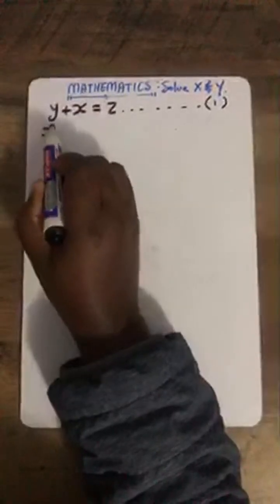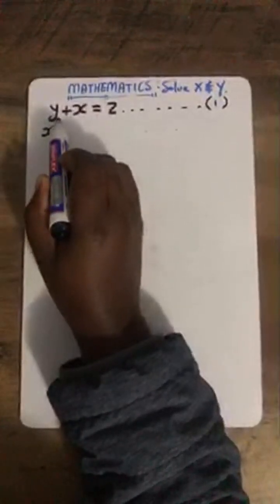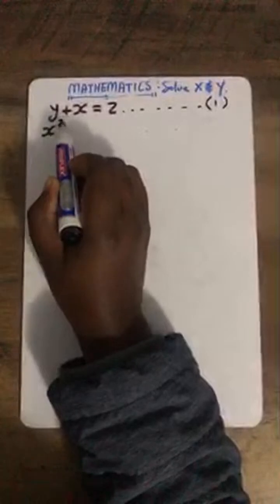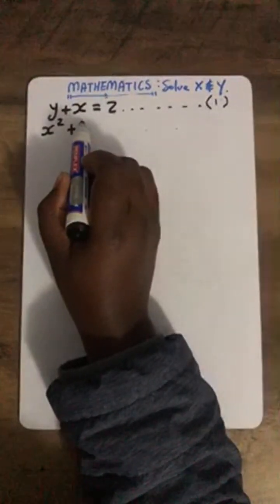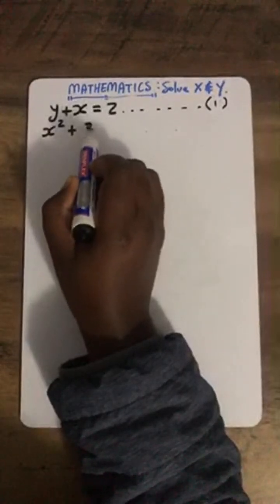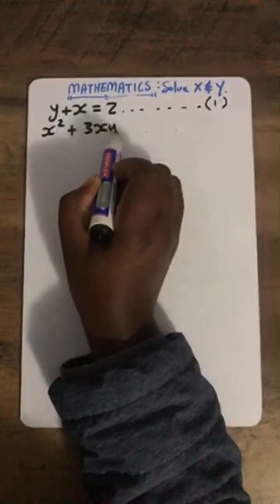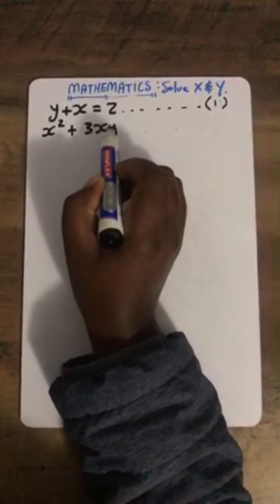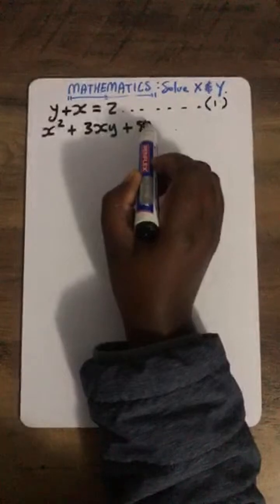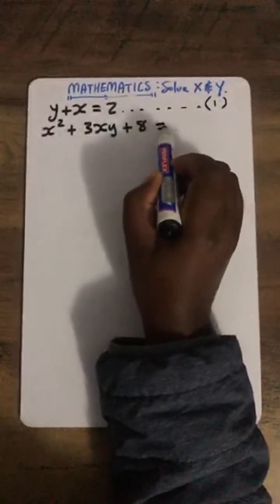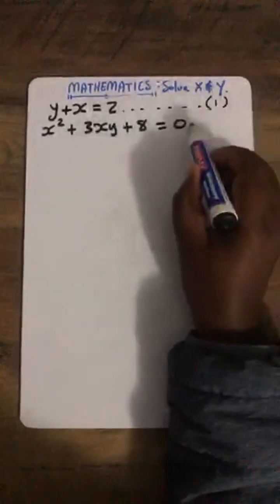And then we have x squared plus 3xy, and then we plus 8, and that is equals to 0.